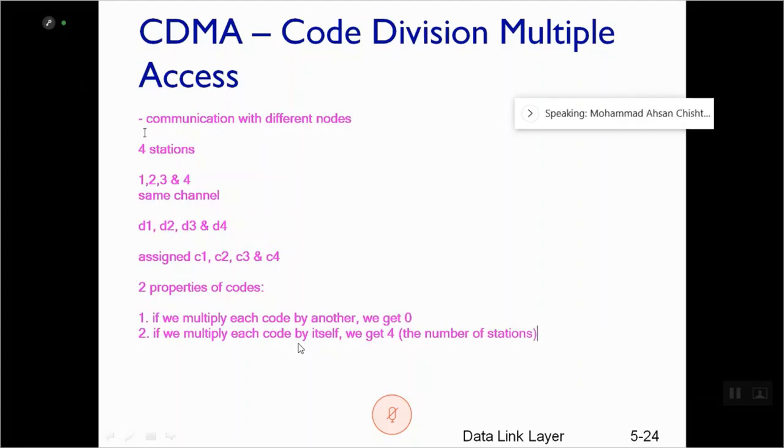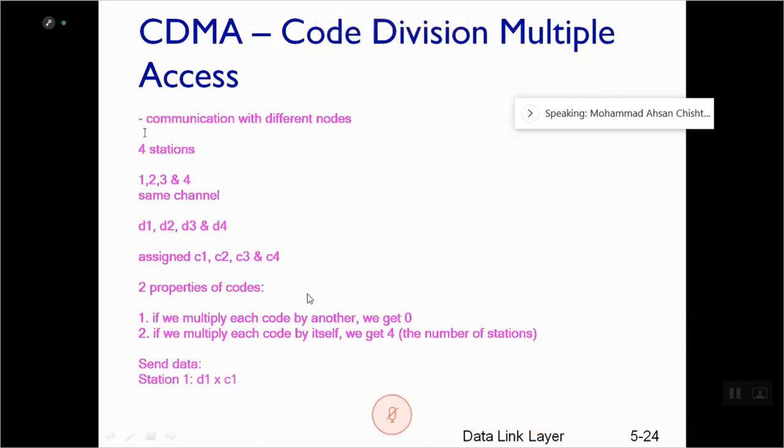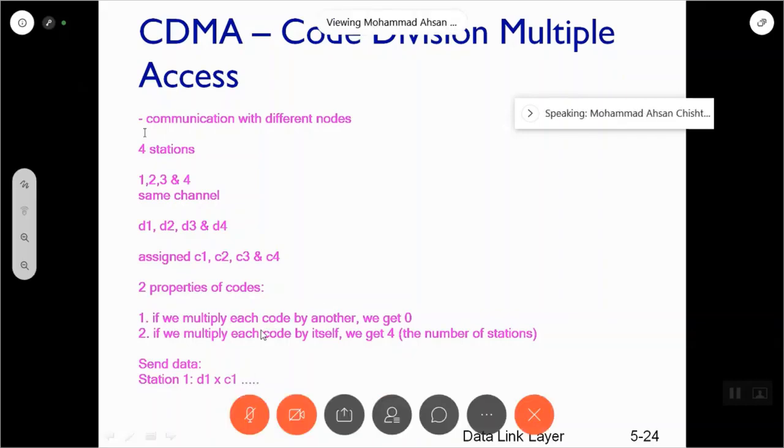Now send the data. What does station 1 do? It multiplies data by the code. Data is D1 multiplied by C1 and so on. Station 2, D2 C2, station 3, D3 C3, station 4, D4 C4.